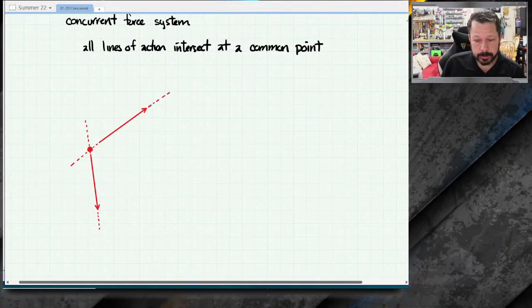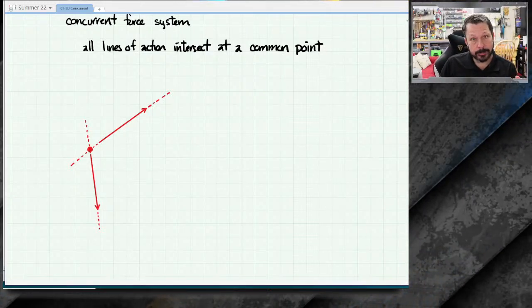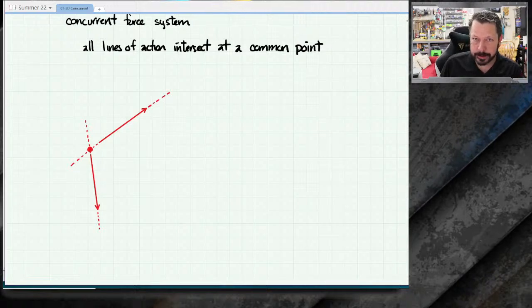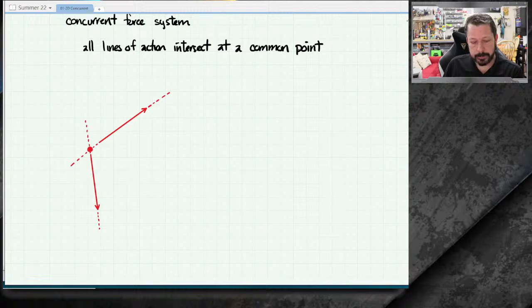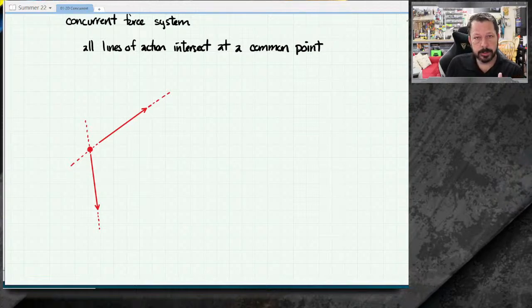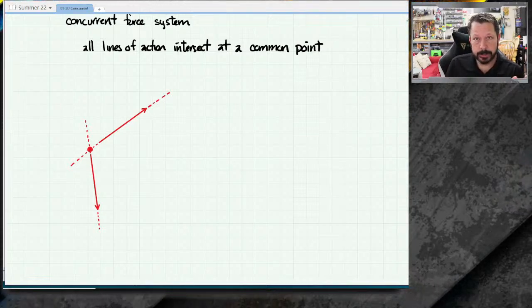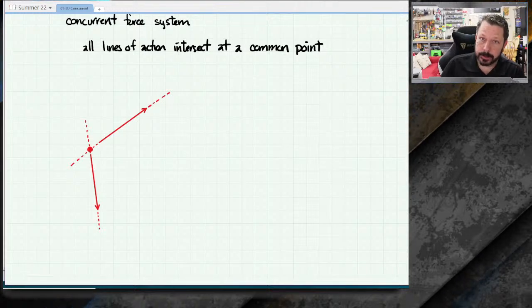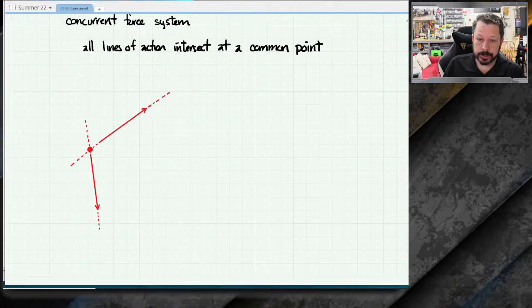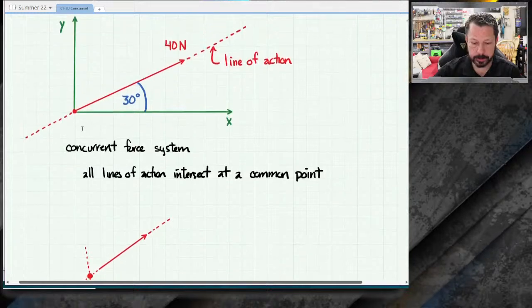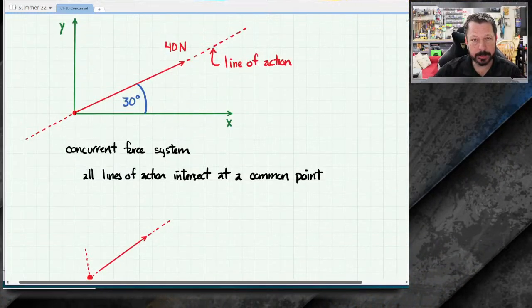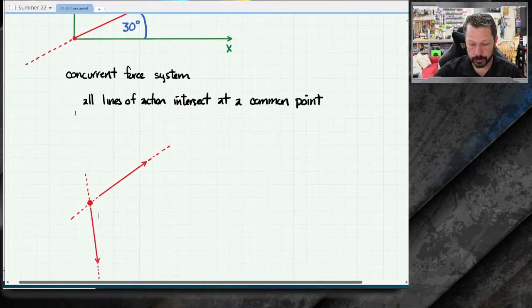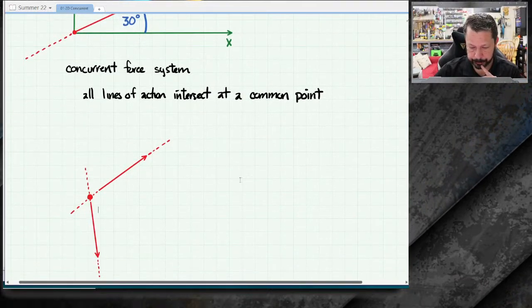I only have 2 forces, but both lines of action intersect, and that point is concurrent with all these forces. They share it in common. That's also a good place to put the origin of the XY coordinate system.